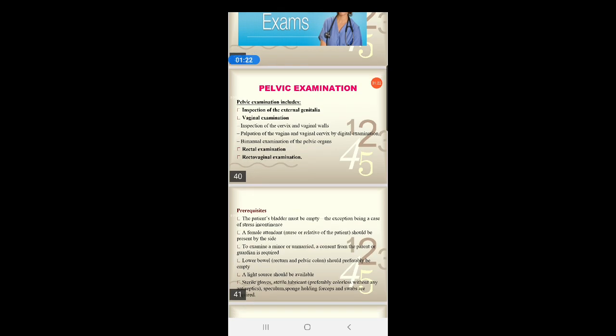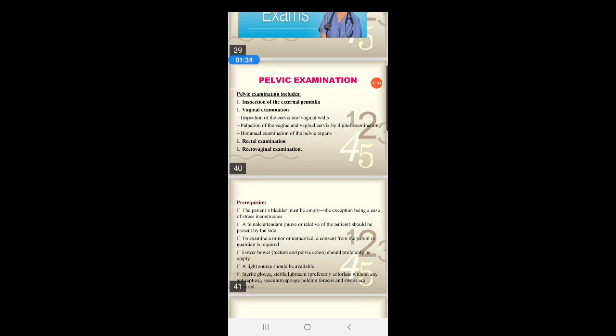In the vaginal examination, again we start with the inspection. First of all, we look, then we can palpate. First, inspection of the cervix and the vaginal wall, which we have to inspect properly. After inspection, the next method is palpation of the vagina and cervix by digital examination, with the help of fingers.